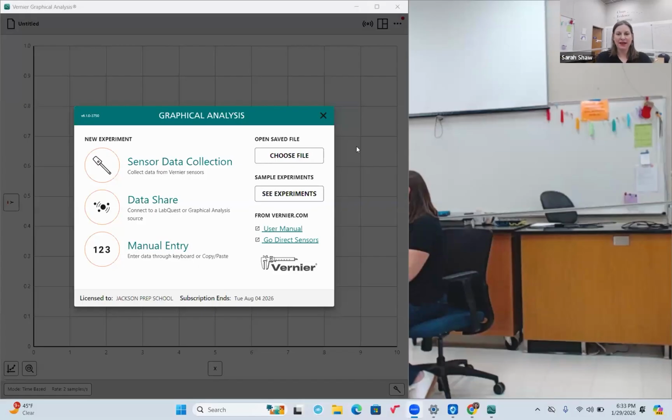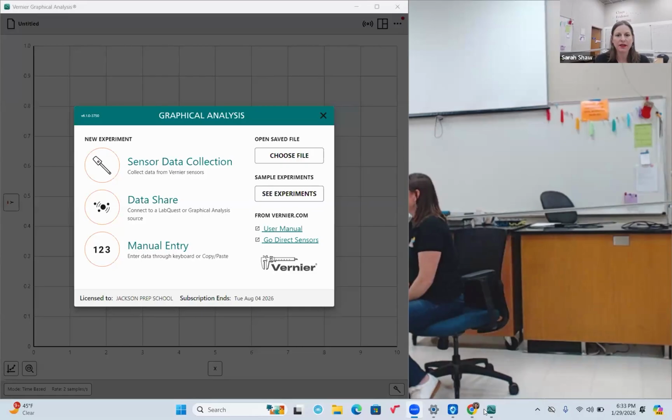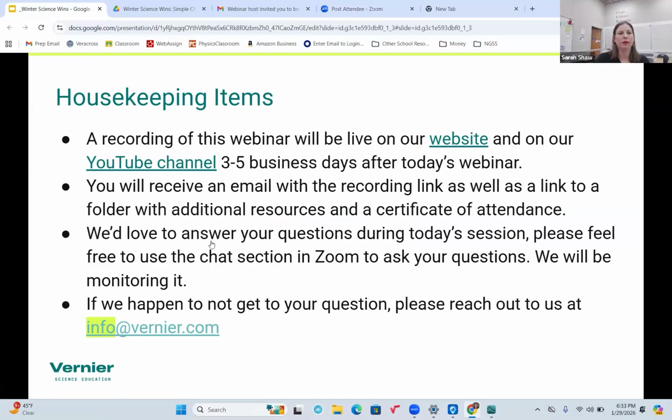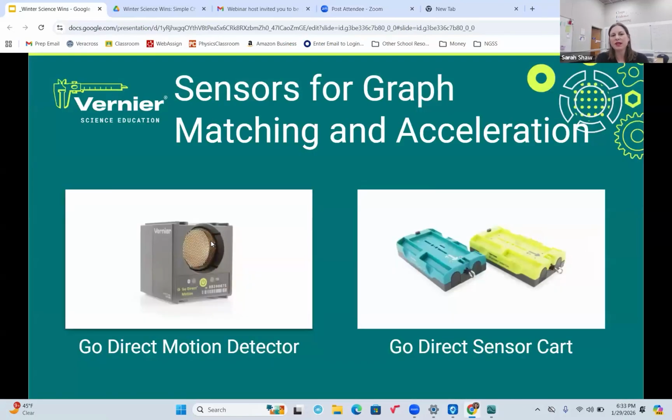So hi everybody. I am set up in Mississippi, and I was going to go over some motion experiments, which use a couple other probes. Sorry about that. I'm going to be using a Go Direct motion detector and the sensor cart.